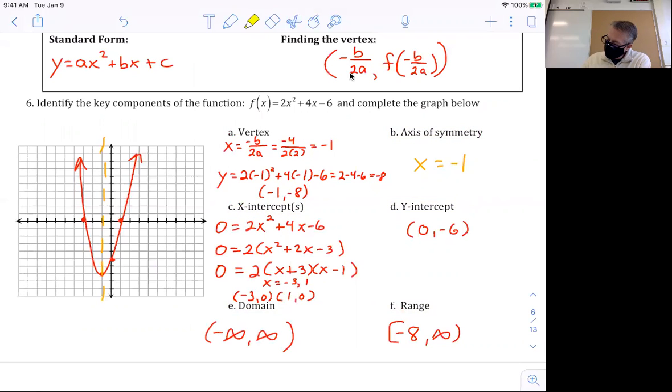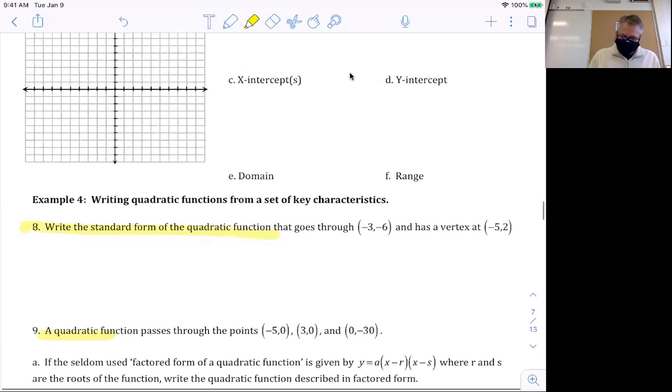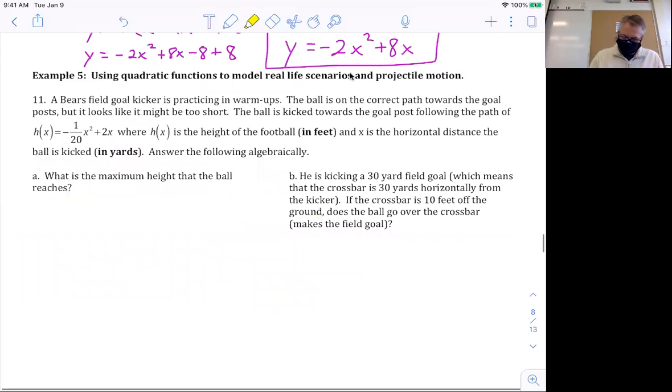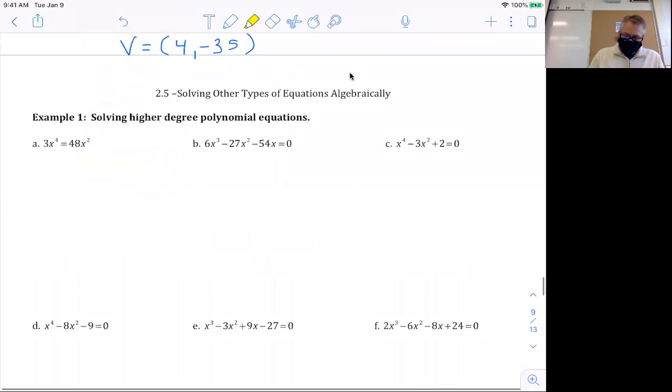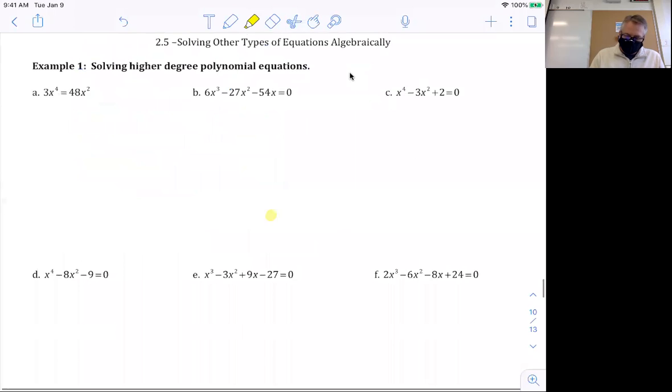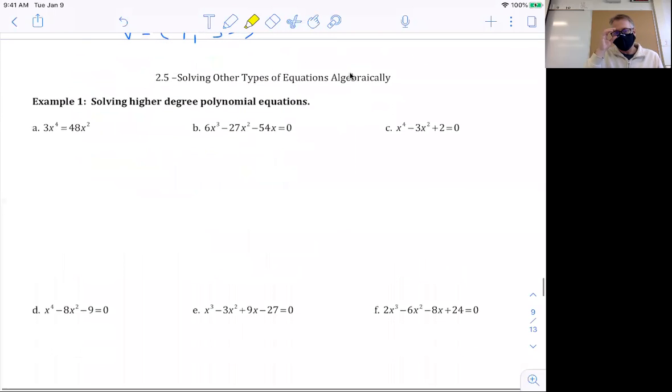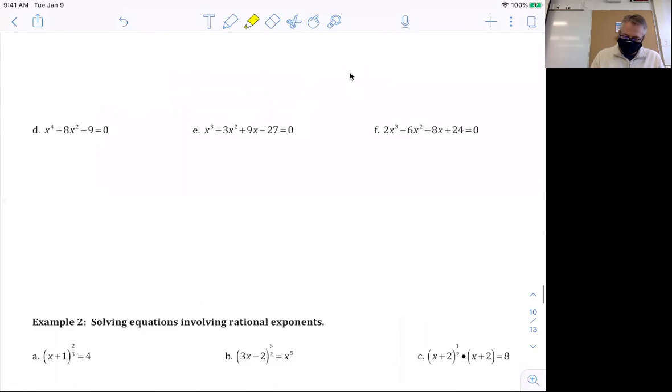quadratics. So as I said, today's is going to be a little bit different. So I'm scrolling down in our notes and I'm going to get down to... I'm not doing the 2.5 solving the higher degree polynomials. We'll do that at a different time.